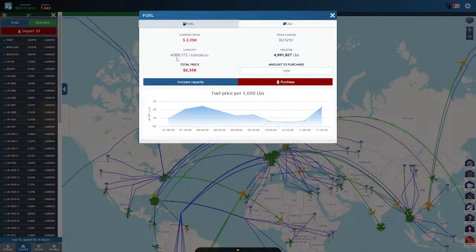But I don't know how much fuel it used. I think it was 2 million here. So probably 2 million. Let's see how much 2 million is. That can't be right, that I paid 4 million.